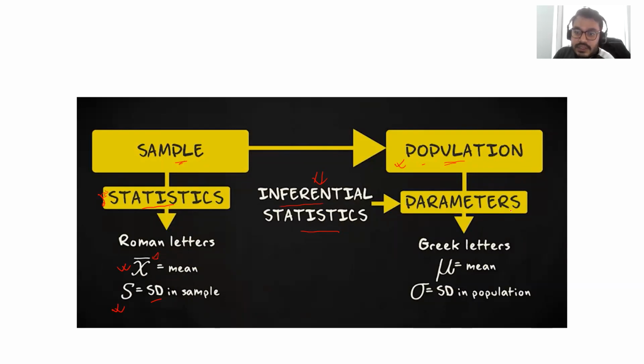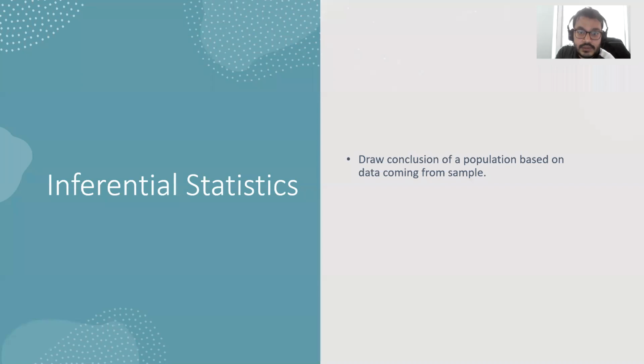In population data, we refer to them as parameters, usually mu and sigma. These are the differences between sample data and population data: for a sample, you denote the mean with x bar, and for a population, you use mu. This is sample versus population.